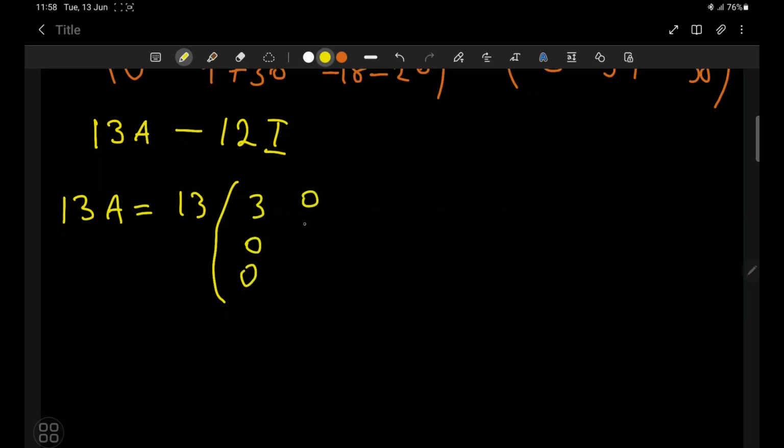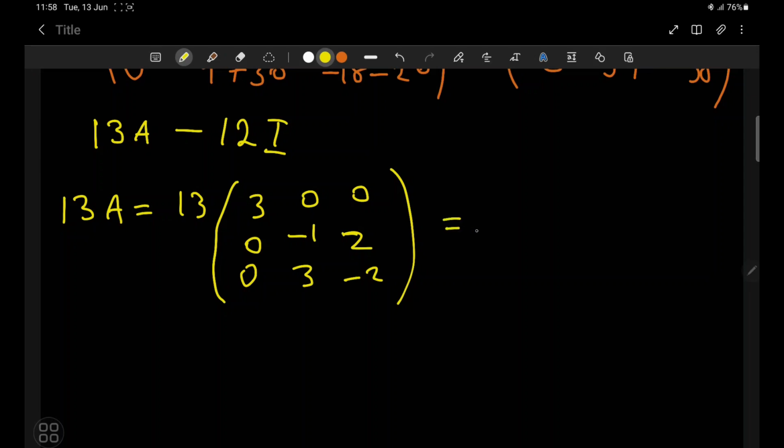Then we have 0, negative 1, and 3. And we also have 0, negative 6. Sorry, negative 6. 0, 2, and negative 2.